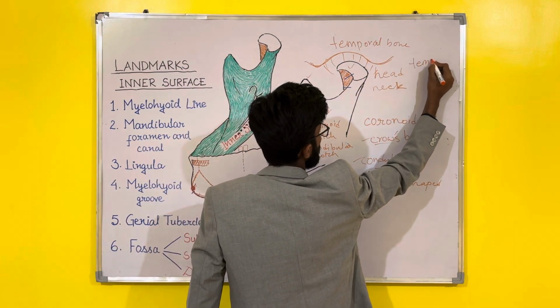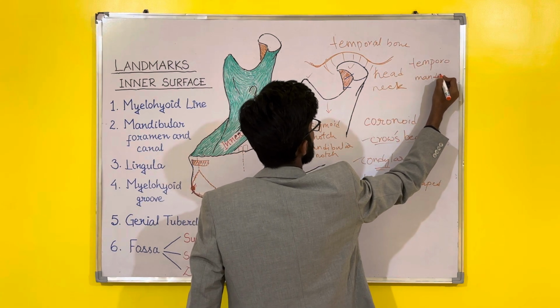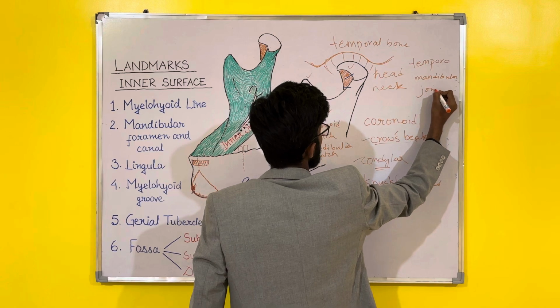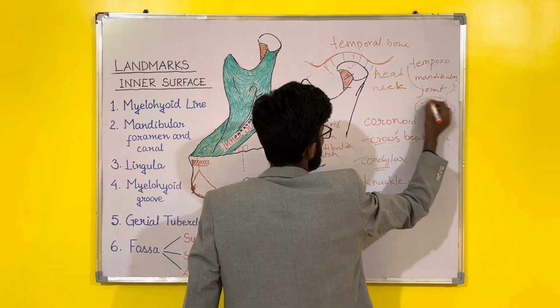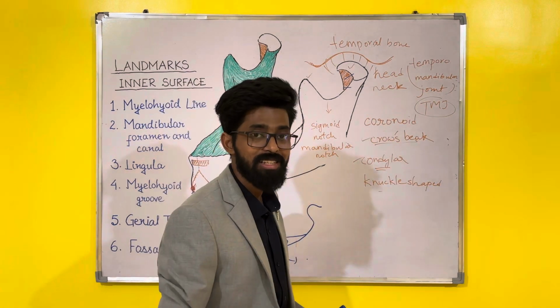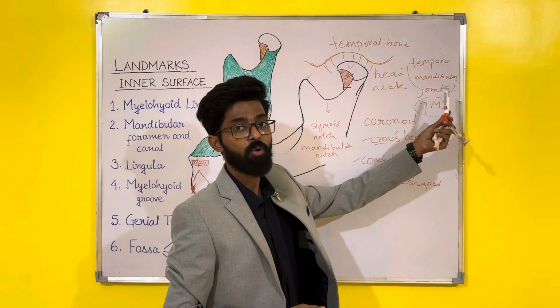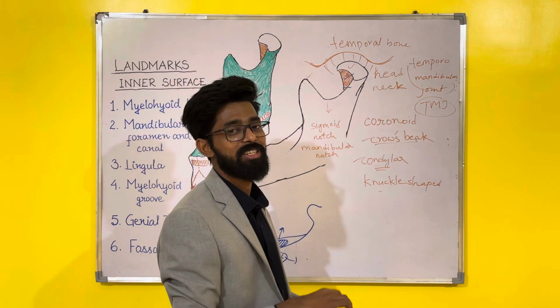Temporo from temporal, mandibular from mandible. So it forms a joint named temporomandibular joint or TMJ. The significance of the condylar process is it articulates with the temporal bone and forms the temporomandibular joint. The joint is very important for opening and closing of the mouth, right?